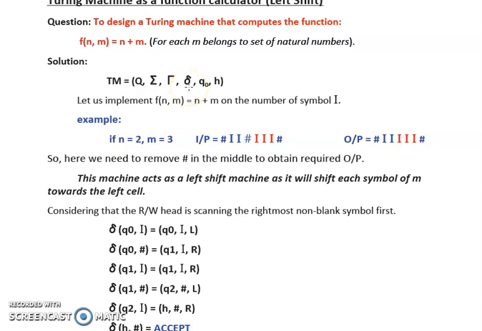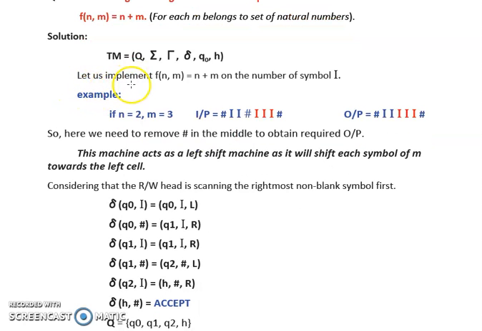Delta is a transition function that can be represented in 3 ways: in the form of a transition graph, in the form of a transition function, or in the form of a transition table. For this example, we are going to use the transition function to represent delta. Q0 is the initial state and H is our halt state. In case you are not clear about these tuples of the Turing machine, you can go back and watch our video on Introduction to Turing Machine.